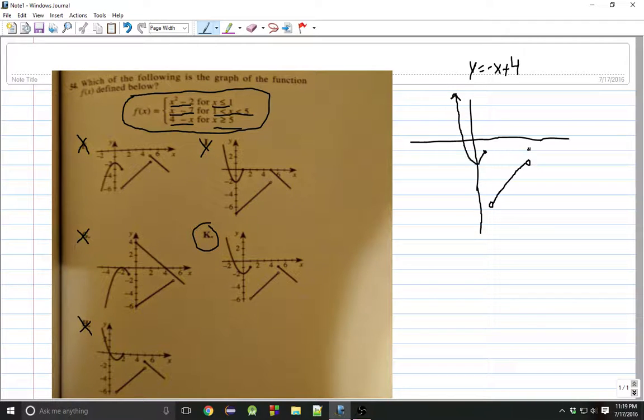So at 5, negative 5 plus 4 is negative 1. So it's going to be down here, and we're simply going to have a line that goes down like that. That doesn't look very good, but you get the picture. So our answer has to be K, because in answer J it intersects the x-axis, and as you can tell, this graph doesn't intersect the x-axis. So the correct answer is K.